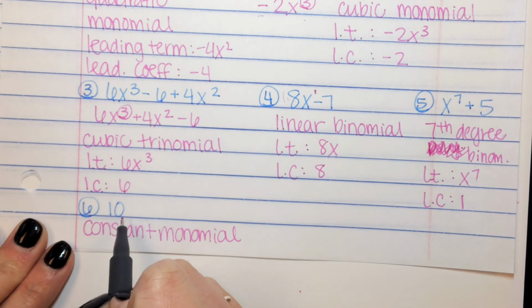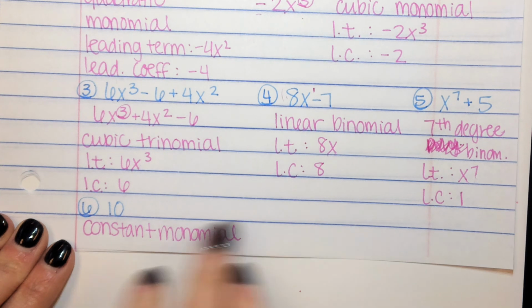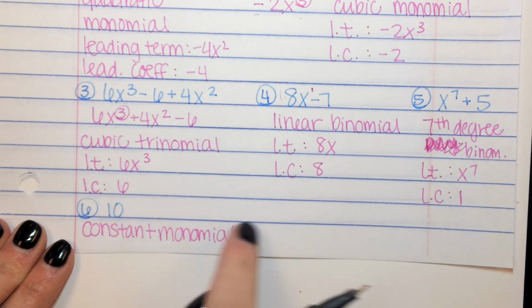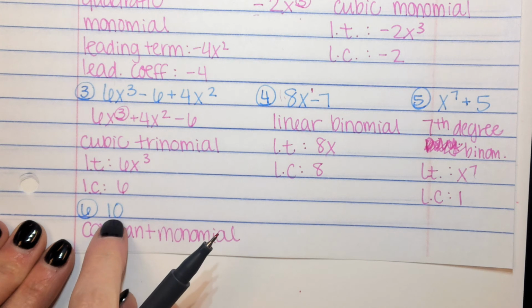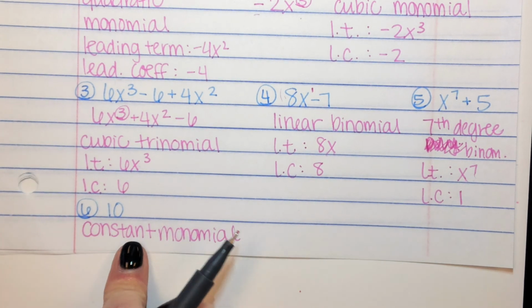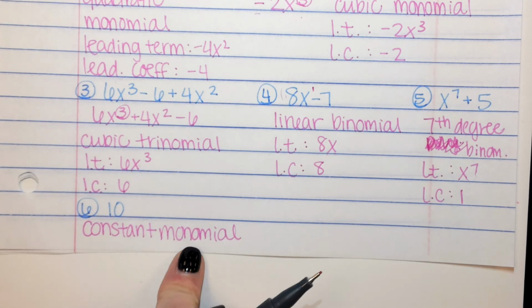And so the degree is 0 here. It's a constant monomial. The leading term is 10. There is no leading coefficient because there is no variable, so that's just a plain old 10. Okay, and I think you do have at least one like this in Math Excel, and you just have to label it by degree and term.